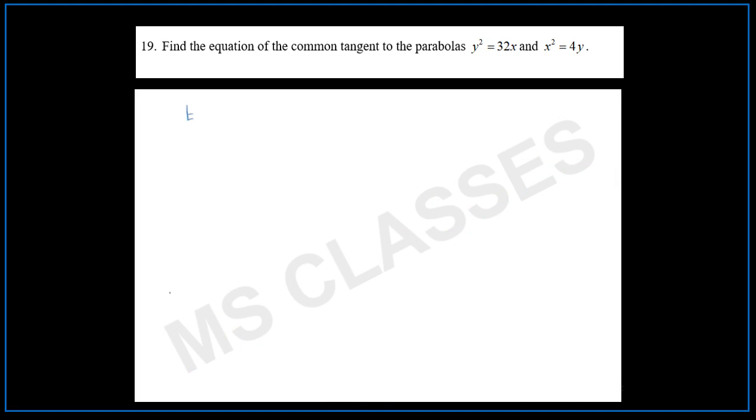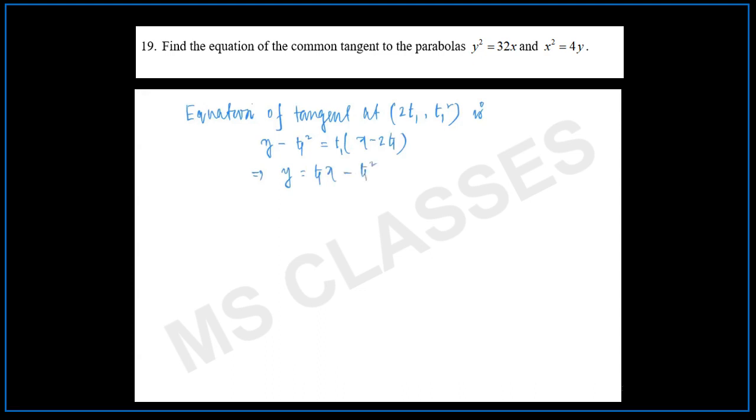Therefore, equation of tangent at (2t1, t1 square) is y minus t1 square equal to t1 into x minus 2t1. And that gives us y equal to t1x minus t1 square. And this we mark as equation 4.